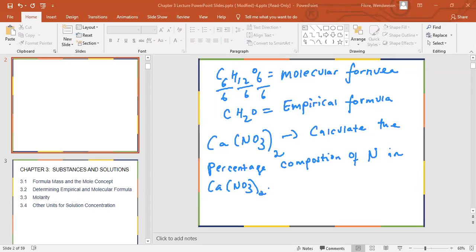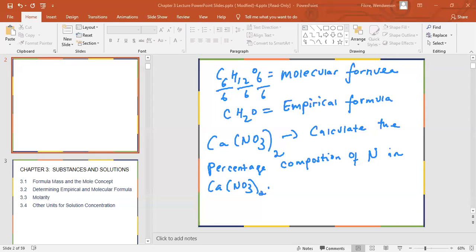Calculate the percentage composition of nitrogen in calcium nitrate, for example. If you have a question like that, what do we have here? You want to calculate the percentage composition of nitrogen.